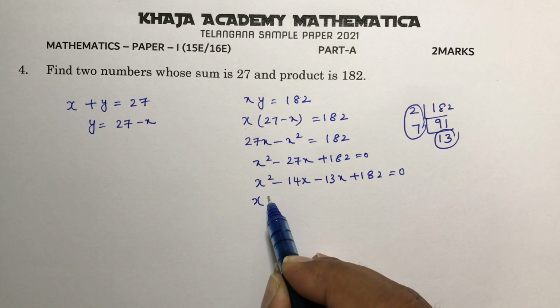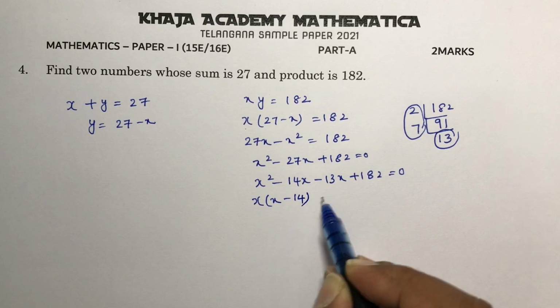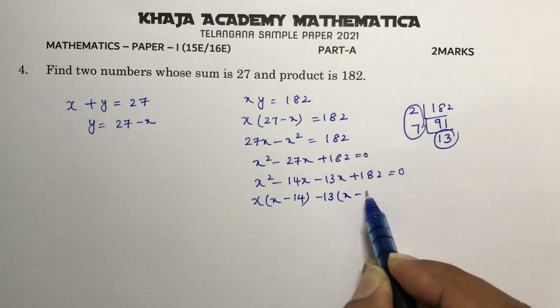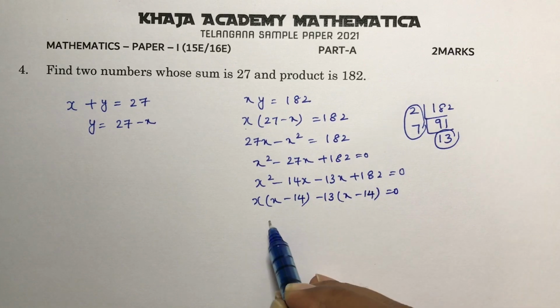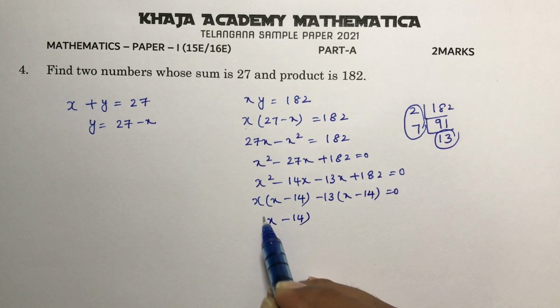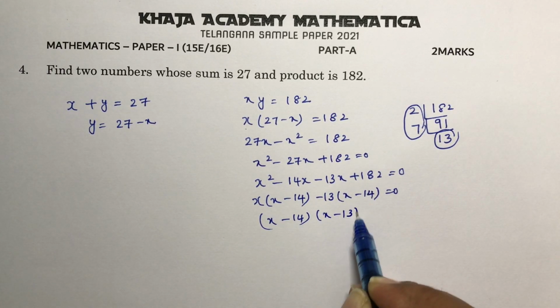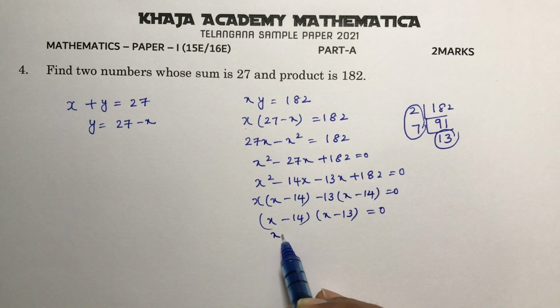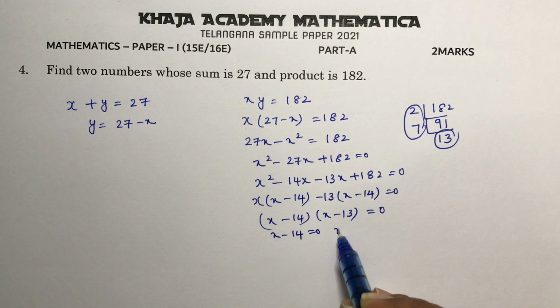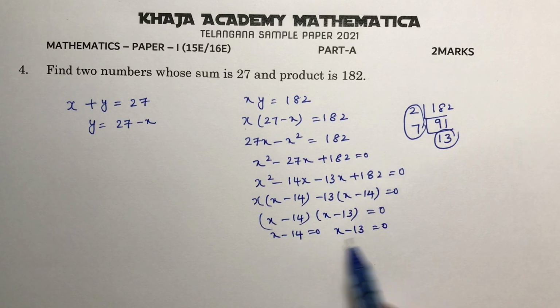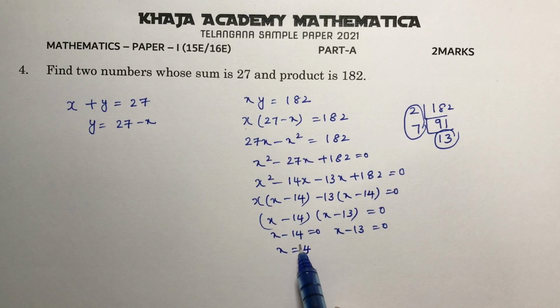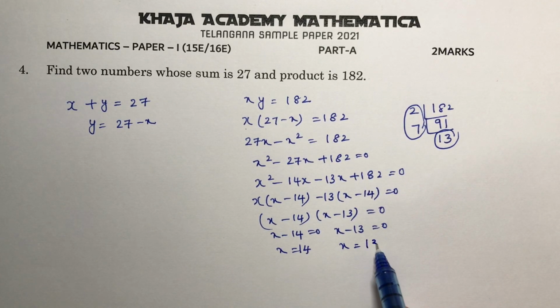So x minus 14 common, x minus 14 into x minus 13 equals 0. So x minus 14 equals 0, x minus 13 equals 0. X equals 14, x equals 13.